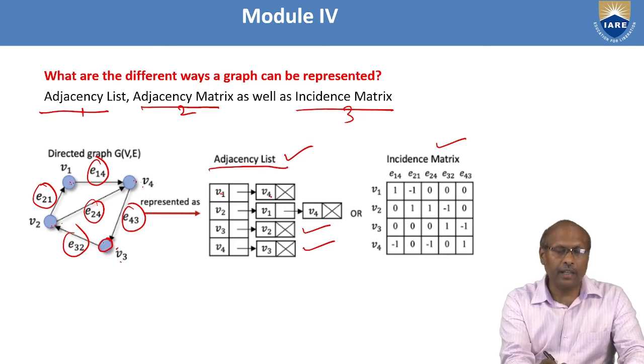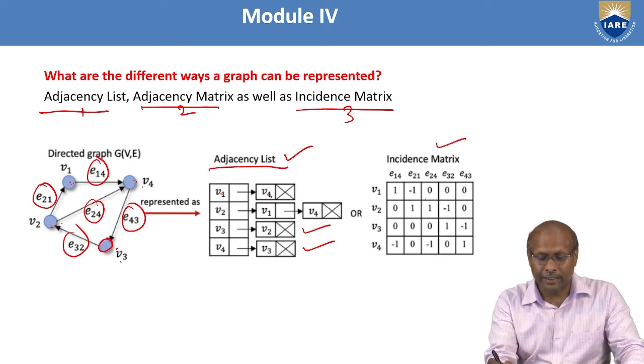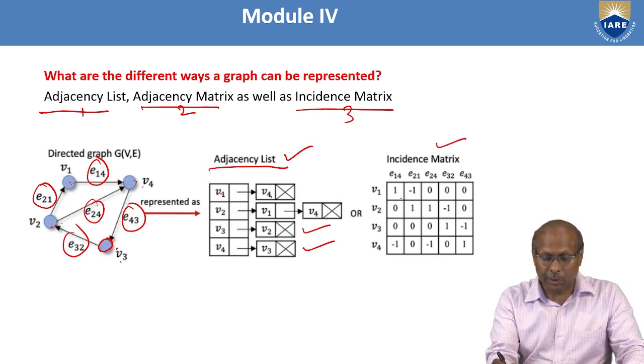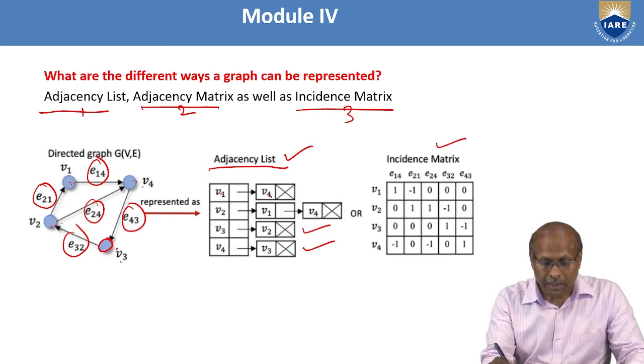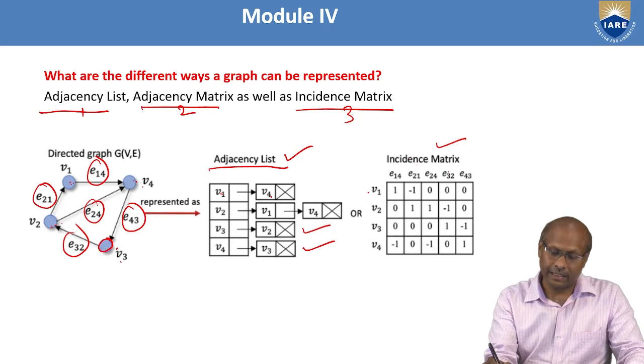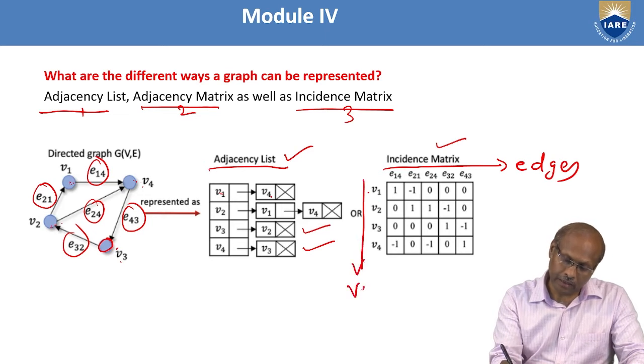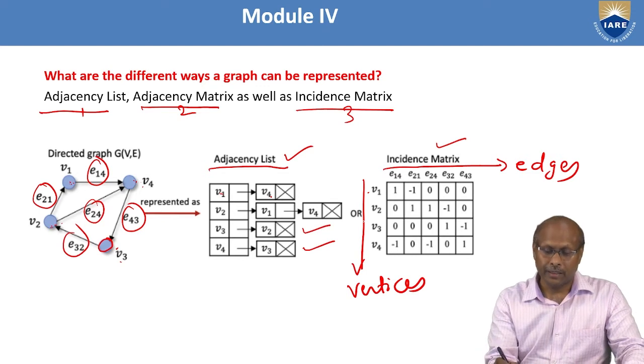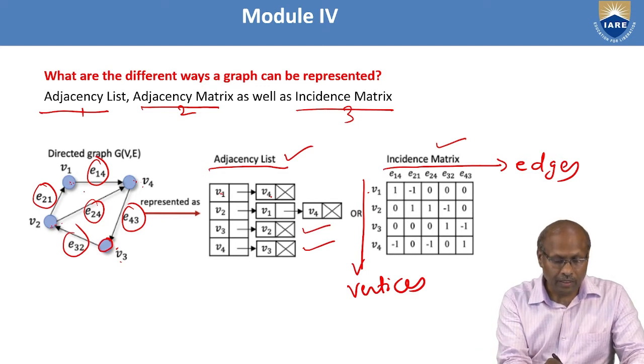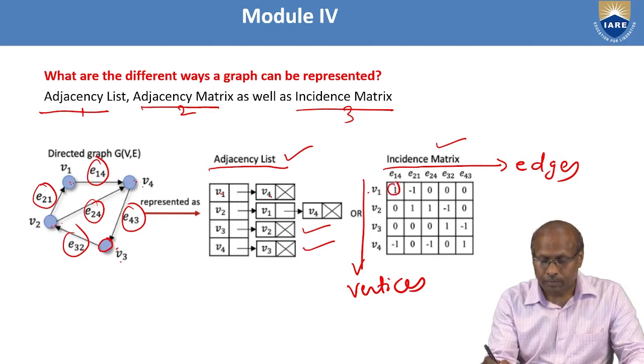Now the same graph you can represent as an incidence matrix. In the incidence matrix, you specify the relation between the vertices and edges. So this side you have edges and this side your vertices. Now, which vertex is linked with which edge? V1 is linked with E14, so 1.